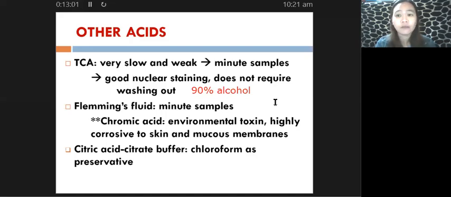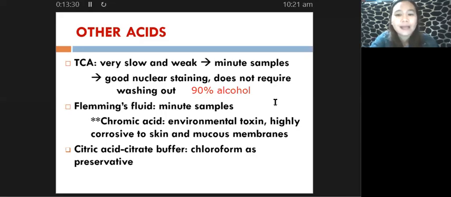You don't have to wash your TCA or to remove your TCA from your tissues because your TCA will be removed when you perform the dehydration process. Okay? Kasi nga, ang ginagamit na washing solution ay 90% alcohol. Okay? It's the same reagent that you're going to use for the dehydration process later.